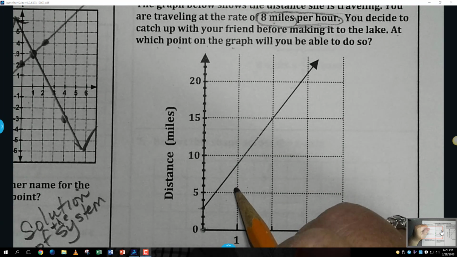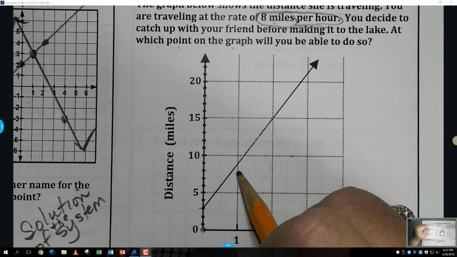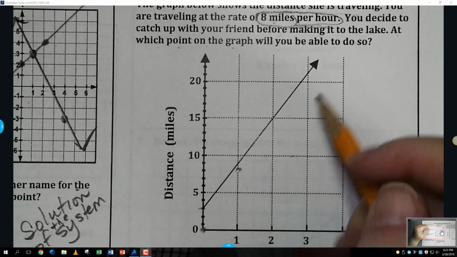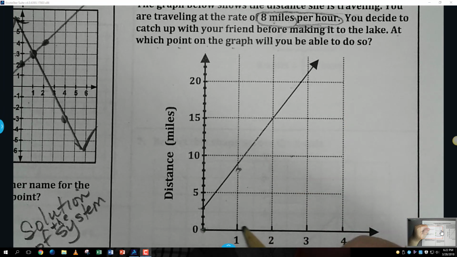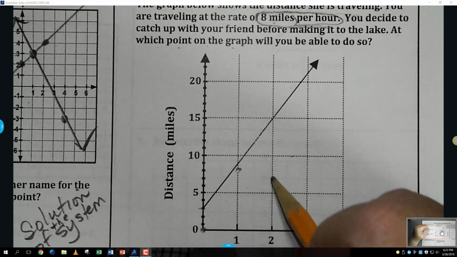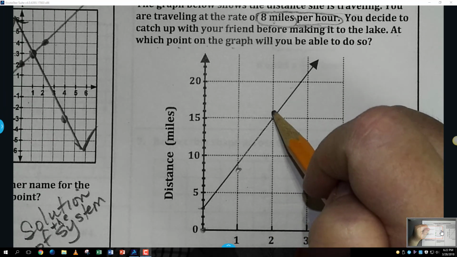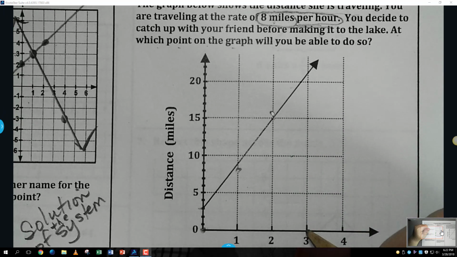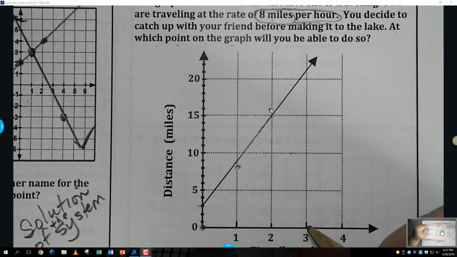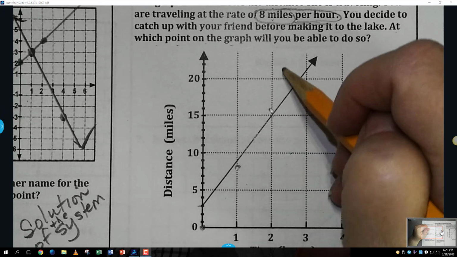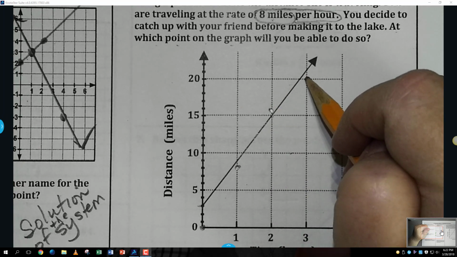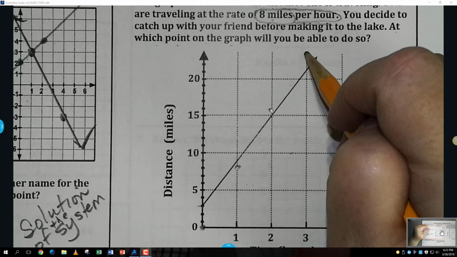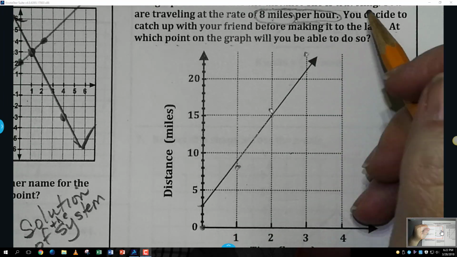Here's 5 miles, 6, 7, 8. And then after another hour, you go up to 16 miles. After another hour, you would be at 24 miles. 20, 21, 22, 23, 24, roughly. Kind of eyeballing it.